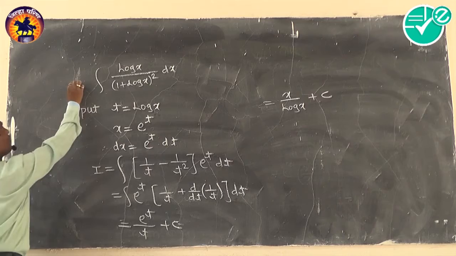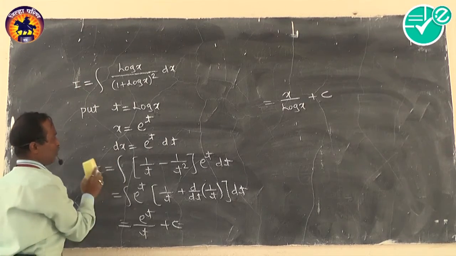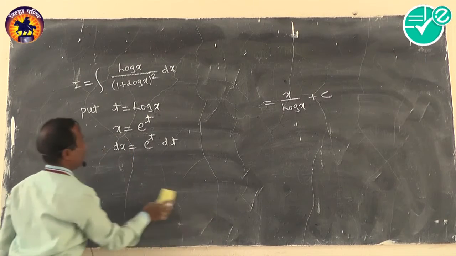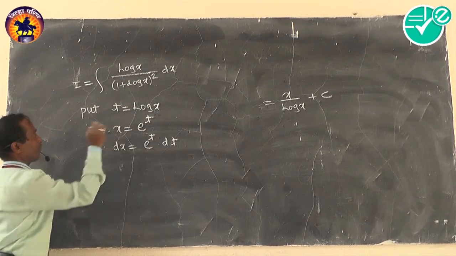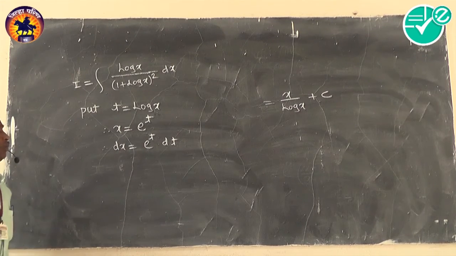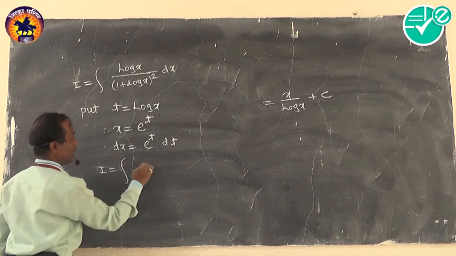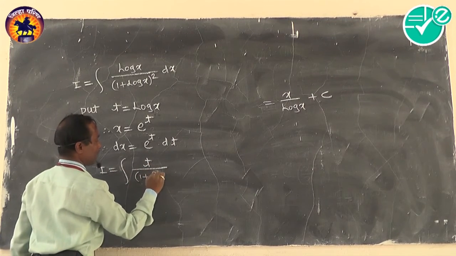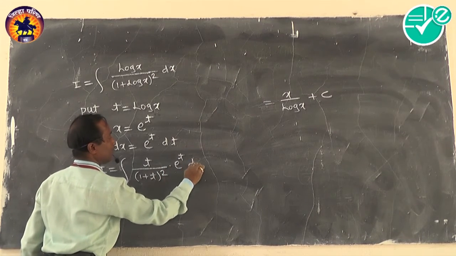In this example, we also substitute t is equal to log x. Then x is equal to e raised to t. Therefore, dx is equal to e raised to t into dt. So I can be written as t upon (1 plus t) bracket square into e raised to t dt.